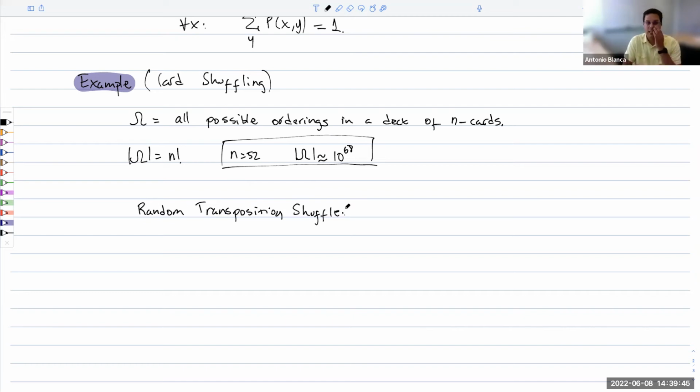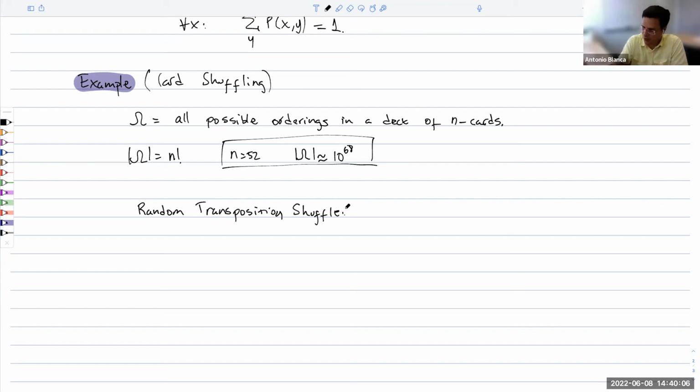Here the idea is that you have a deck of cards, and you randomize the deck by picking 2 random positions in the deck, or 2 random cards, which is the same. You pick 2 random cards, say the 10 of clubs and the ace of spades, and you flip them. Then you pick 2 random cards and flip them, and you keep doing that.